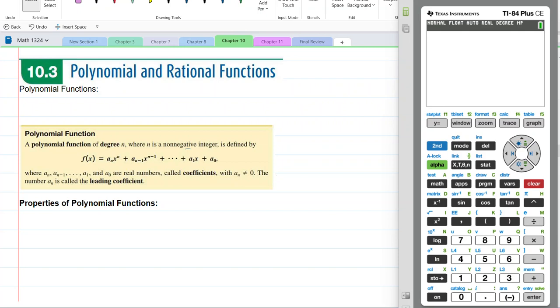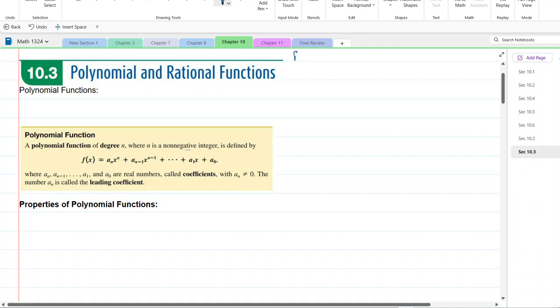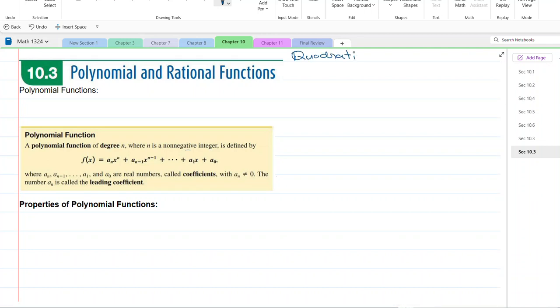Let's begin section 10.3, polynomial and rational functions. Now we've studied already the parabola, actually the quadratic, and the square root functions, as well as linear equations.